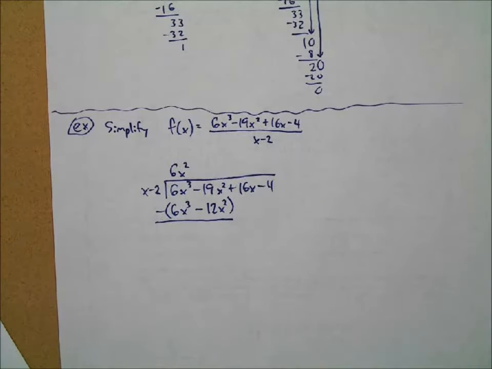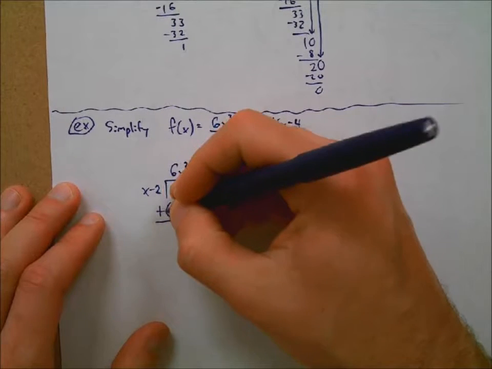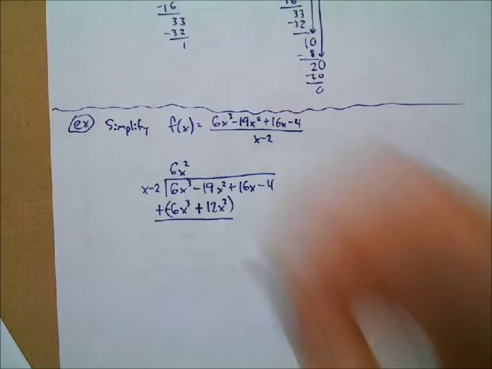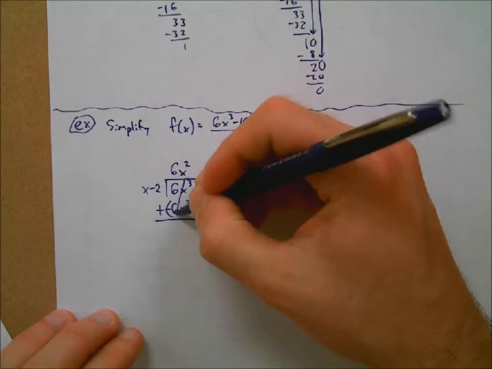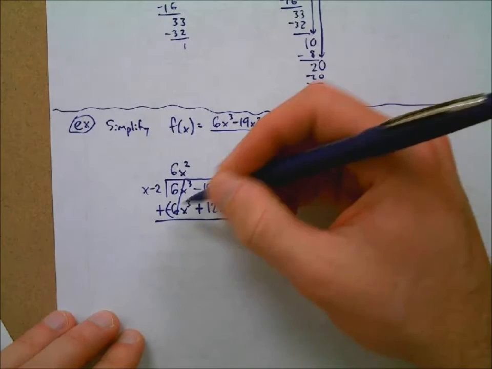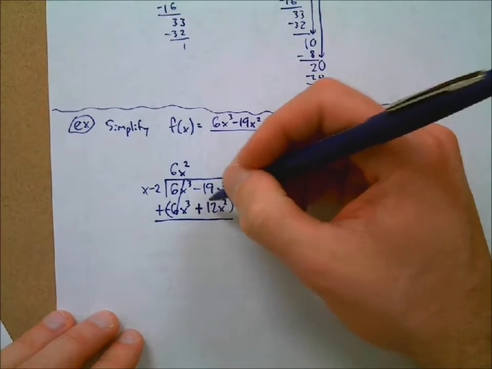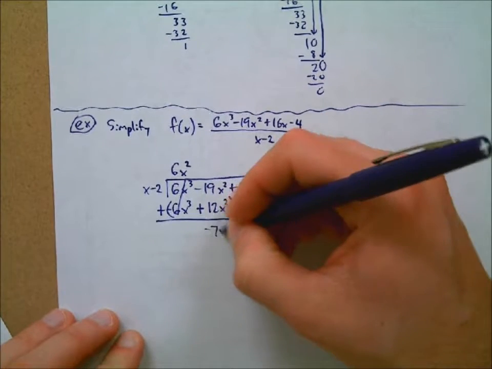But I don't really like subtracting, so I'm going to change all these to add the opposites. So plus a negative 6x cubed and a positive 12x squared. I think it's much easier to add than subtract. It's more thinking than I want to do. So the 6x cubes cancel, and they should. But these might not cancel, and in fact they don't. So negative 19 plus 12, negative 7x squared.